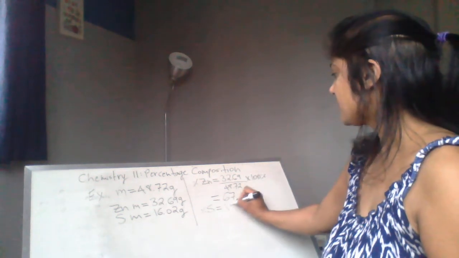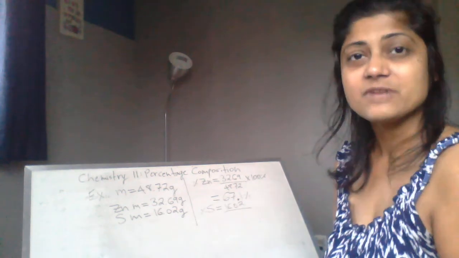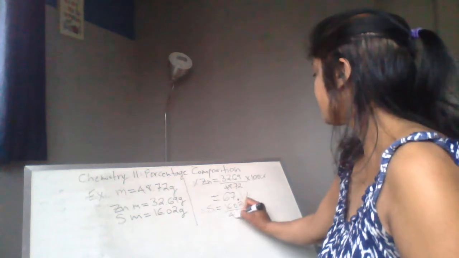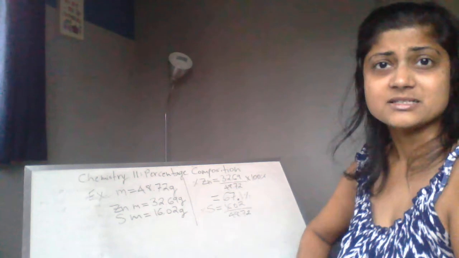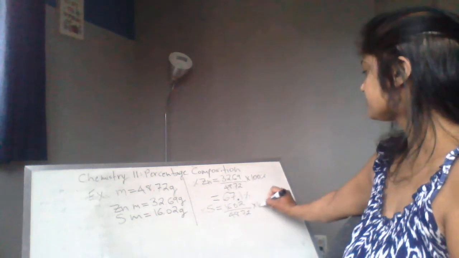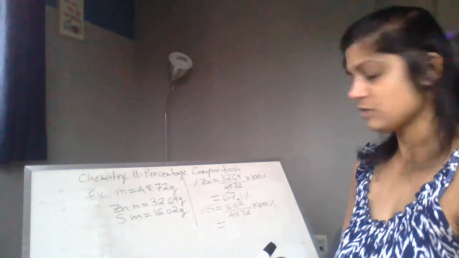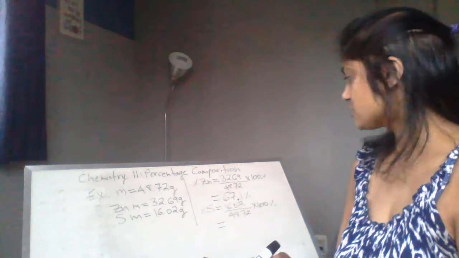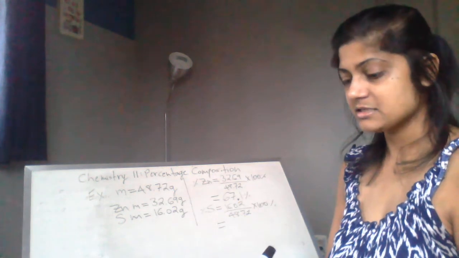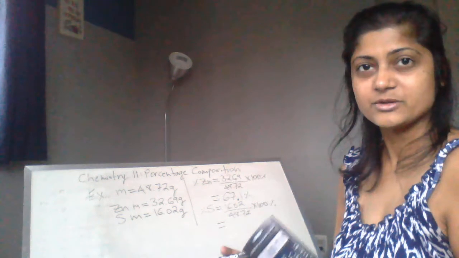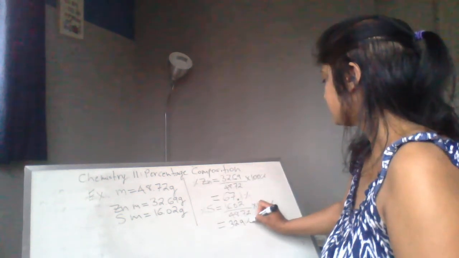So let's take the mass of sulfur, so 16.02 grams, divided by the total mass, which is 48.72, and then you're going to just multiply this by 100%. And what you're getting is, we're going to just put it into our calculator because there's a bunch of decimals here. And then times 100%, and we're getting 32.9% of sulfur.